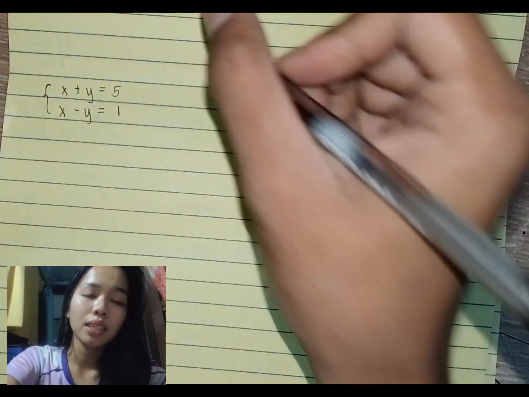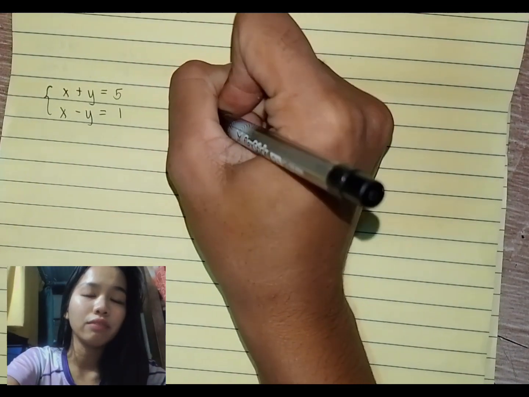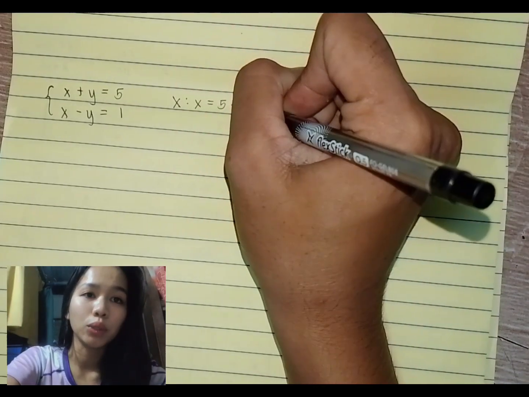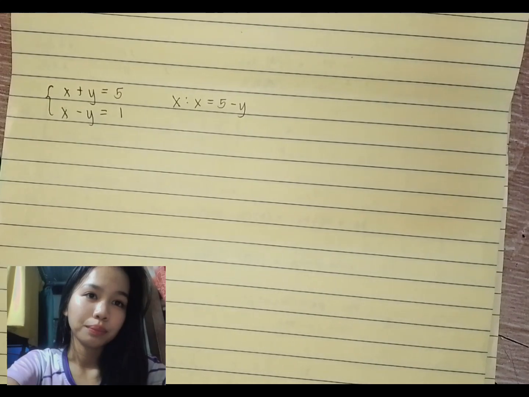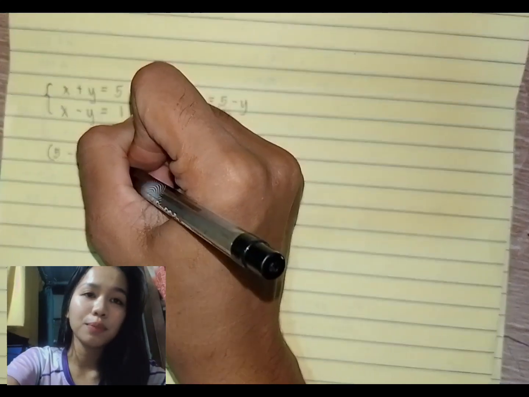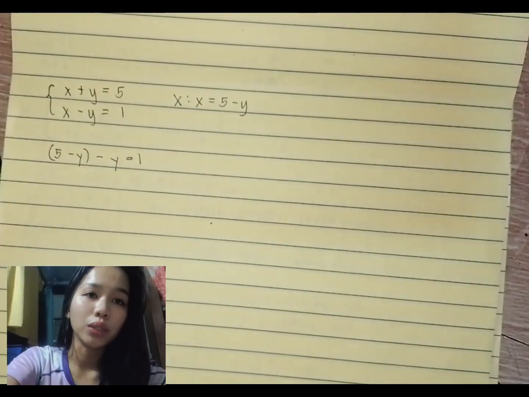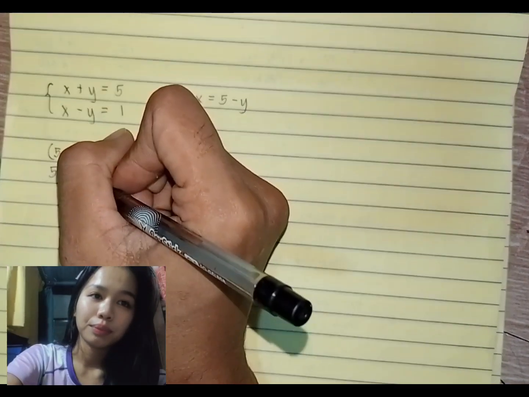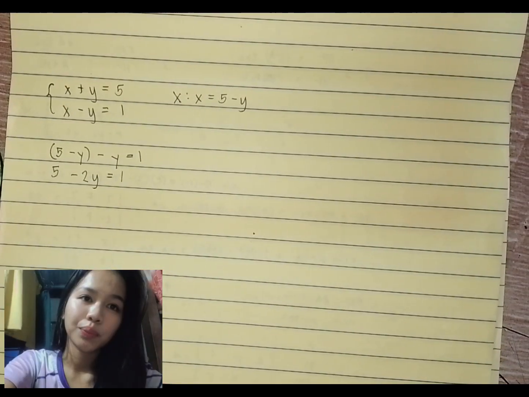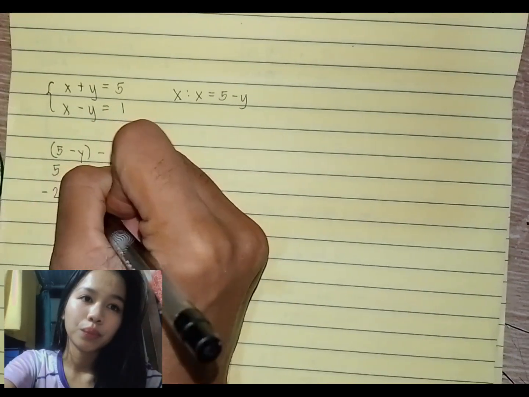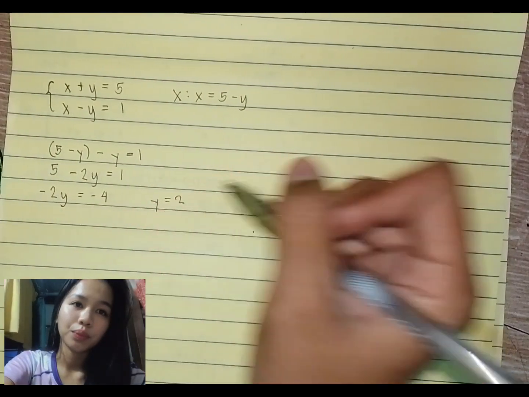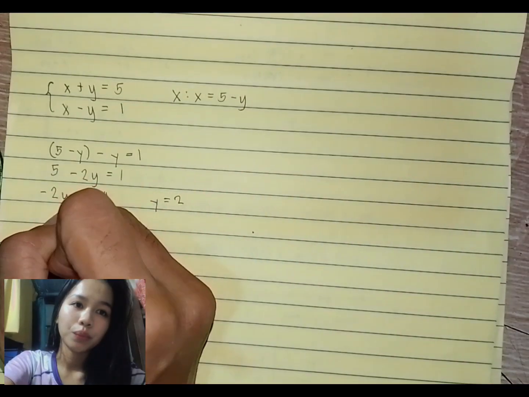So the first thing that we need to do is to isolate the variable to solve equation 1, for x is equal to 5 minus y. The second one is to plug this expression for x into the equation.